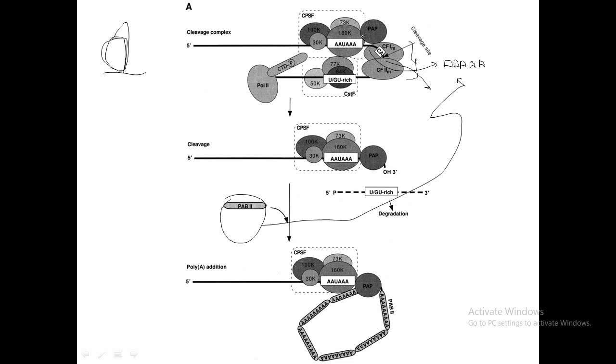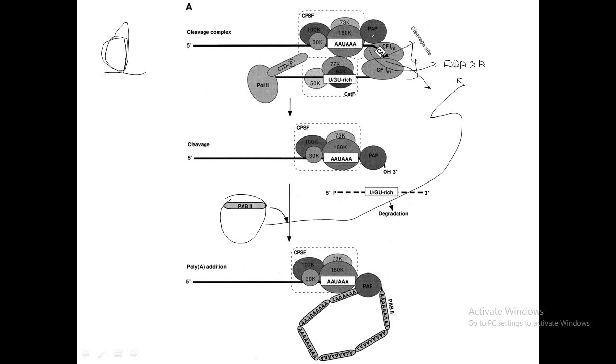PAP can interact with the 160 subunit of the CPSF, and the cleavage factors cleave, and after cleavage they are removed from the site, and PAP starts catalyzing the addition of the poly-A tail. Addition of the poly-A tail is very slow, so the PAB2 protein comes and serves two functions: it increases the rate at which the poly-A tail is added, and it stabilizes the poly-A polymerase.